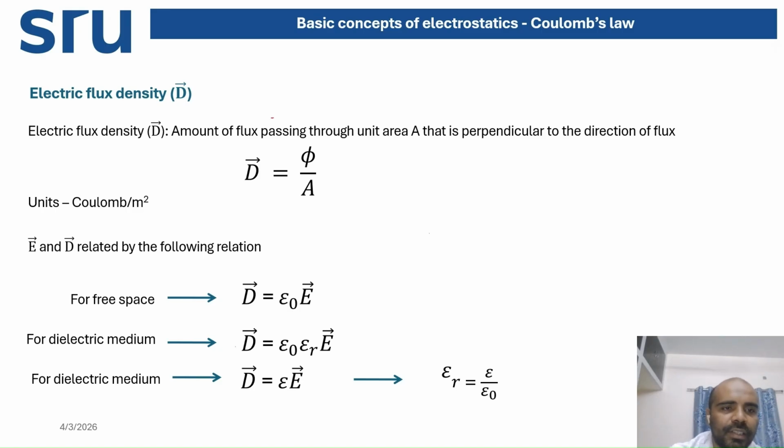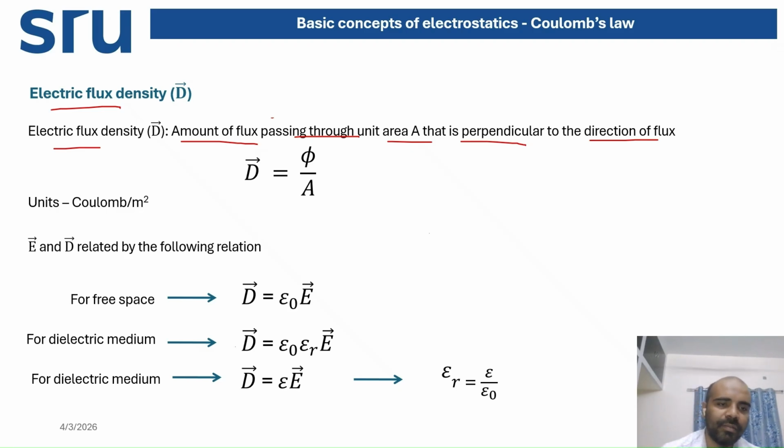So now we'll discuss electric flux density. What is electric flux density? That is the amount of flux passing through unit area that is perpendicular to the direction of flux, right?